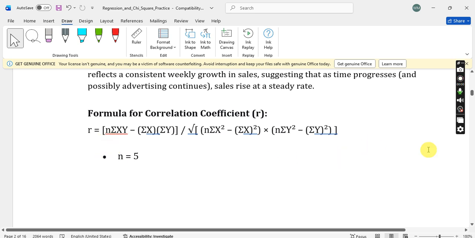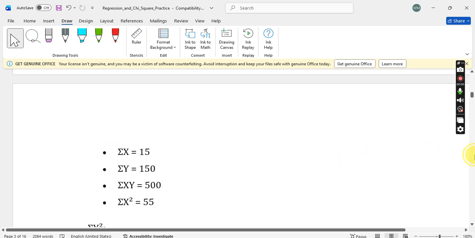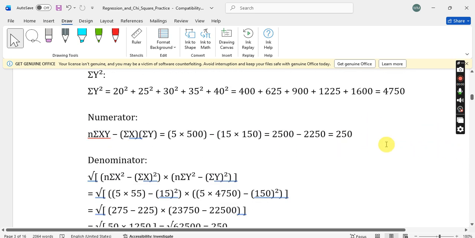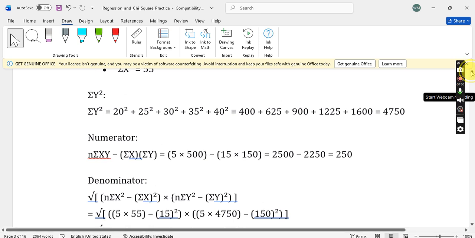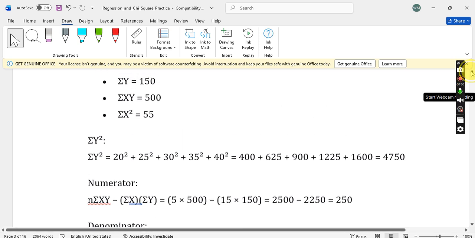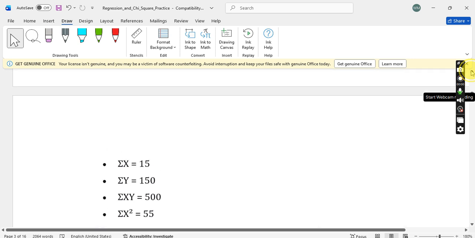I just broke up the formula into parts, the denominator and the numerator, and on the numerator I'll bring the formula here.